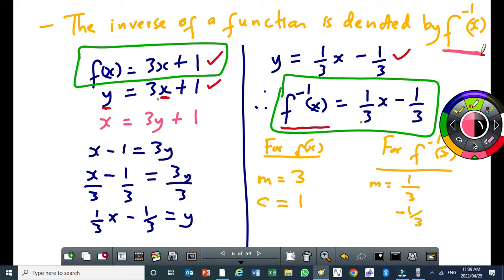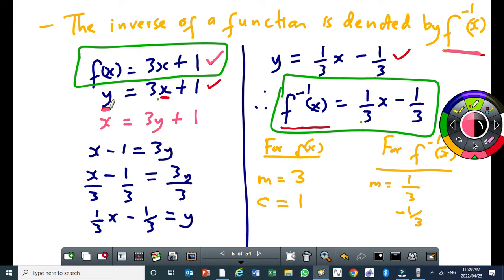So for the previous equation which I had, the equation was f of x equal to 3x plus 1. Right? If I want to find the inverse, can you look and listen? If I want to find the inverse of f of x, first thing I have to replace f of x by y, so that the equation looks like a grade 9 linear function. So the equation is now y equal to 3x plus 1.